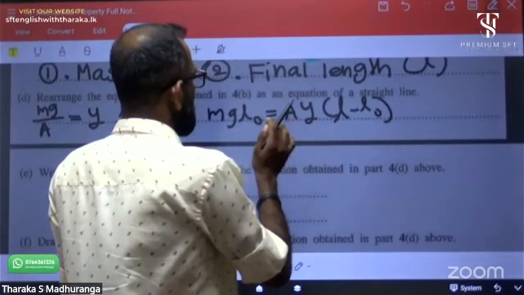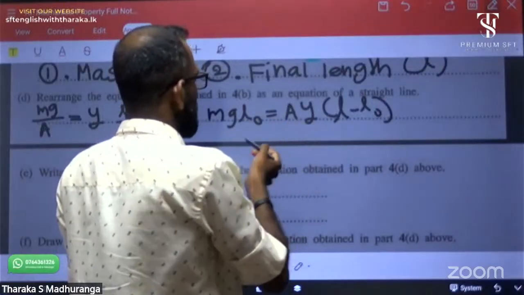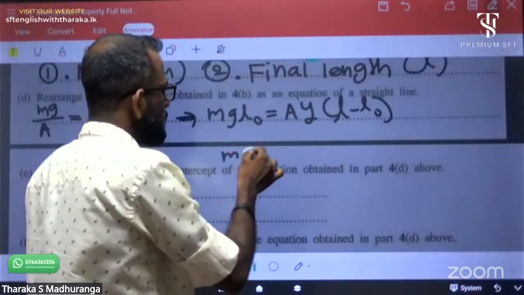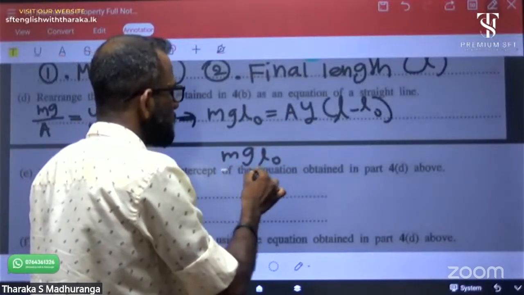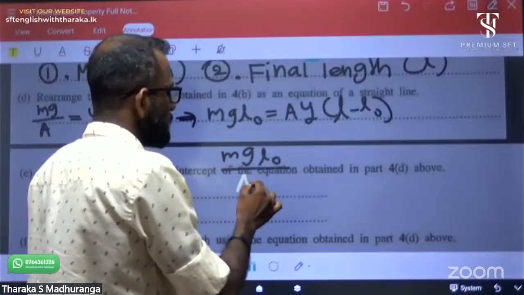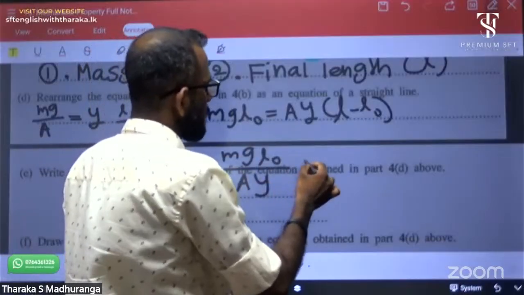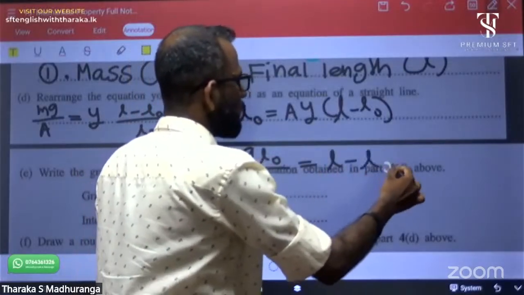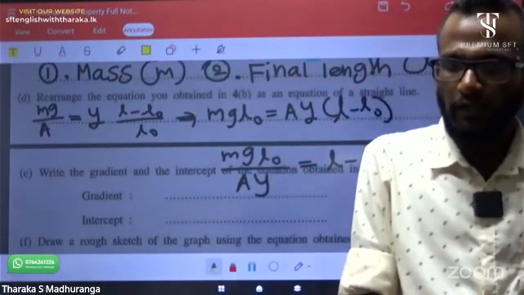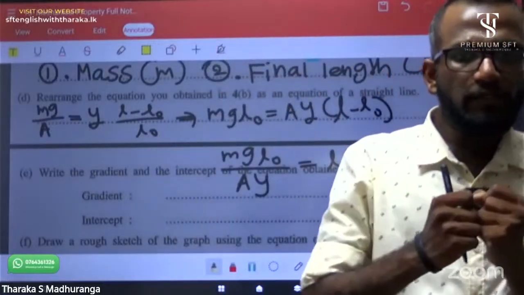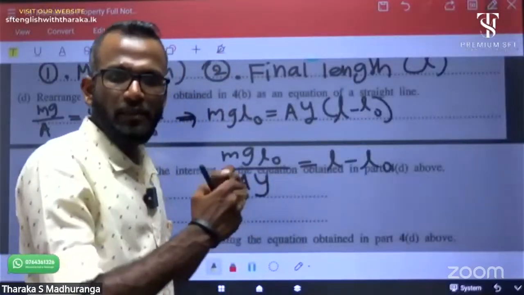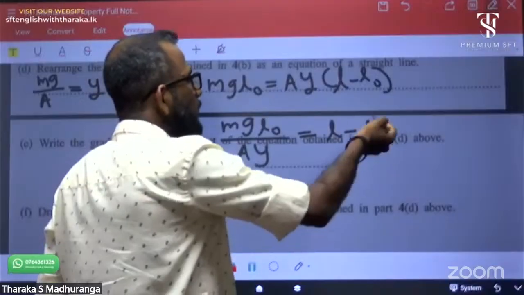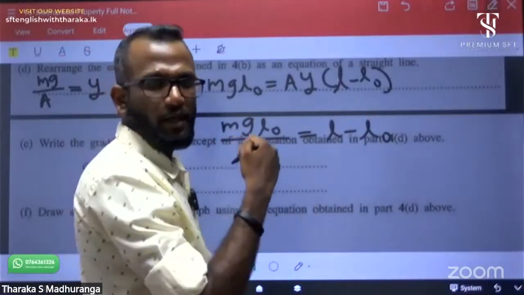Now first AY we can get to this side: MGL naught divided by AY equal L minus L naught. What is my requirement? To isolate L. To isolate L, I can get this L naught into this side.